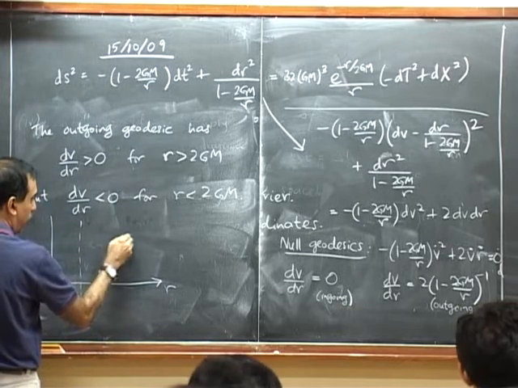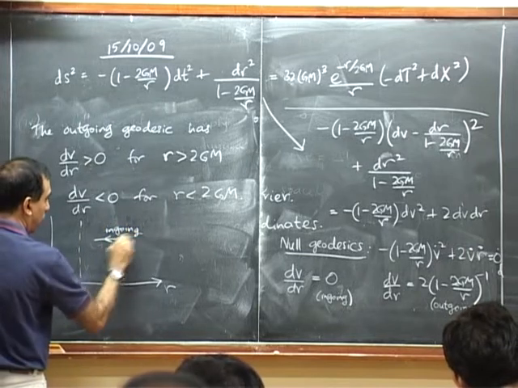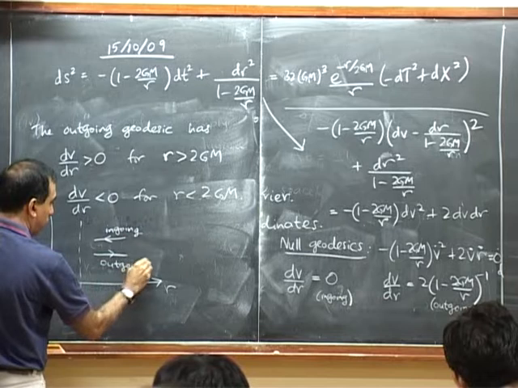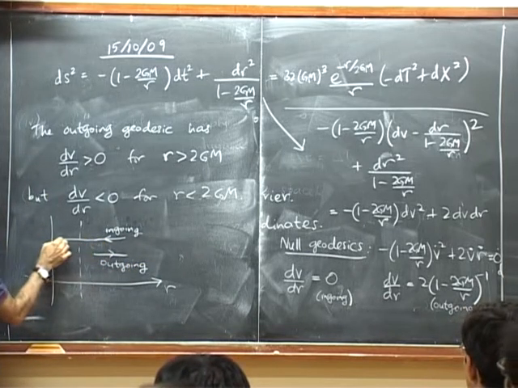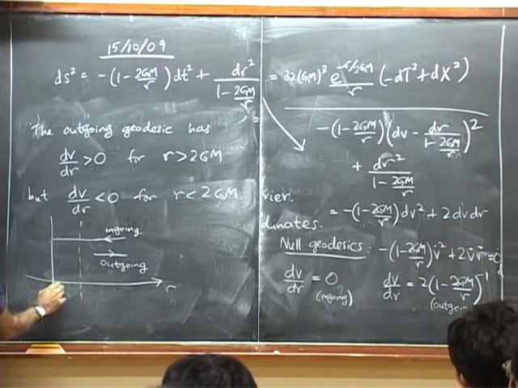So outside we have an ingoing and outgoing geodesic. The ingoing one simply goes in as it's supposed to without doing anything exciting, all the way right up to r equals 0.